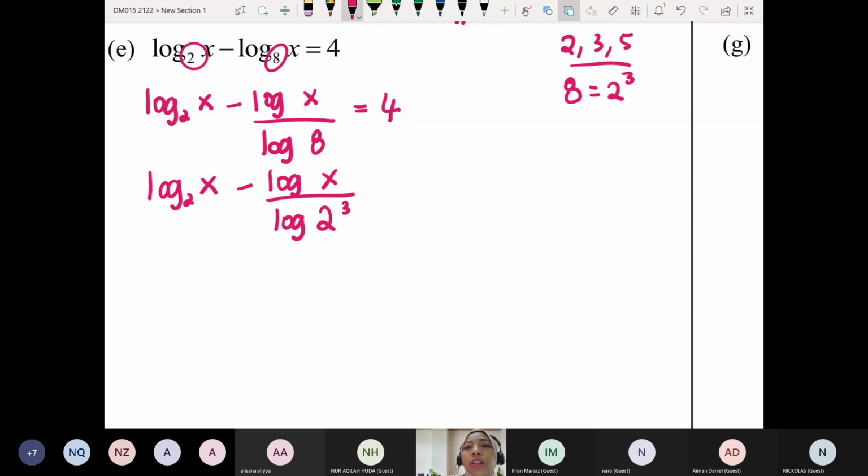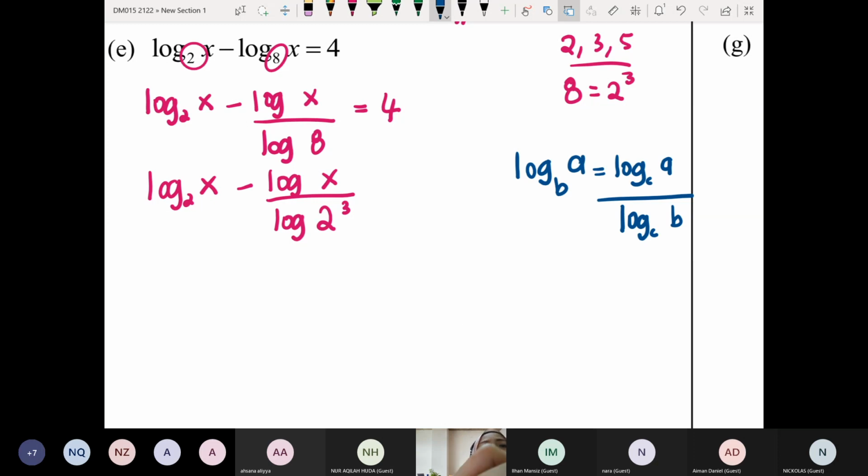You tahu that you can introduce any log A base B. You boleh introduce sama ada log A over log B, ataupun you letak ini C. Tak ada masalah. Yang penting atas mesti dan bawah mesti sama.